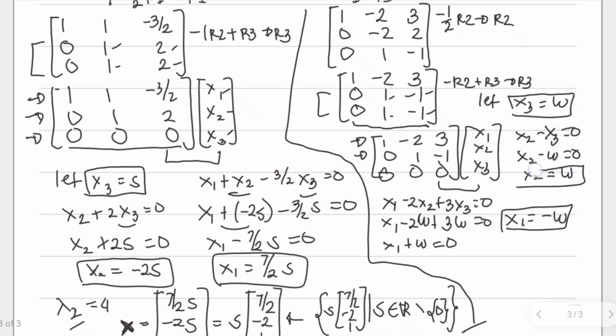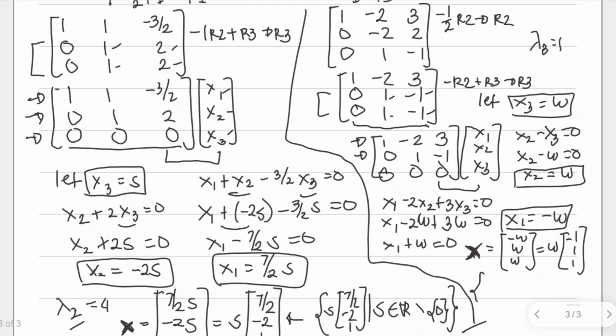So our eigenvector for our eigenvalue, which is equal to 1, you'll have negative w, w, and w. Factoring w, you will have negative 1, 1, and then 1.